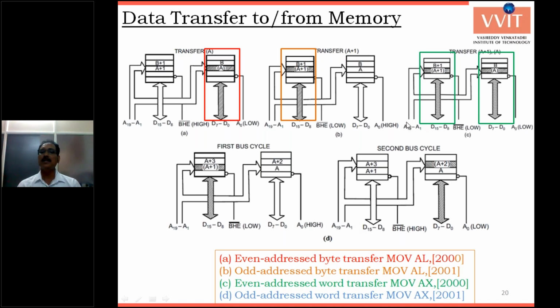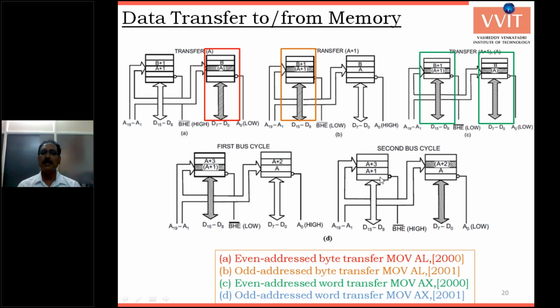Here the A1 to A19 content does not change; it is the same level referred to. The content A plus 1 and A are both indicated in the second place of this diagram. A plus 1 exists in the second place, here is A, and the next even address is referred to as A plus 2.